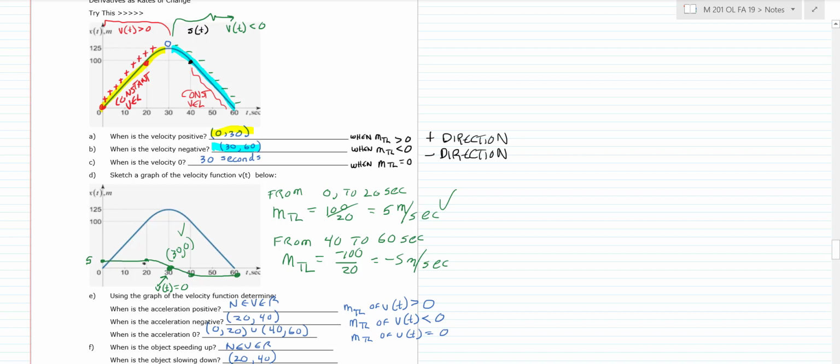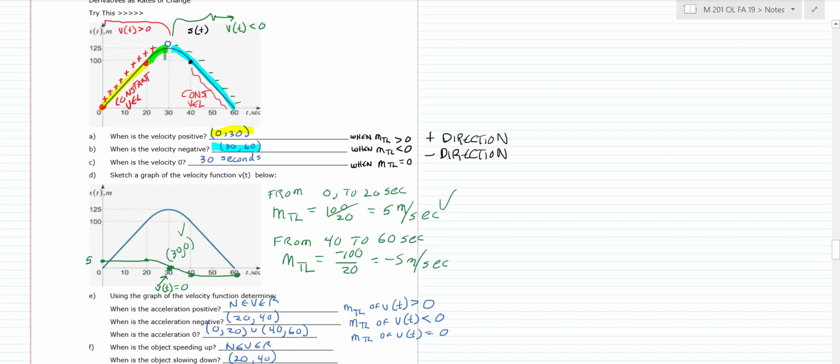And that velocity is rise over run because it's the slope of the tangent line. Then in this little piece right here, the velocity is positive, but it's decreasing. So what's happening from 20 to 30 is the velocity is getting smaller, so it's going towards 30. That's not constant velocity. The slope of the tangent line is changing in that interval, see?